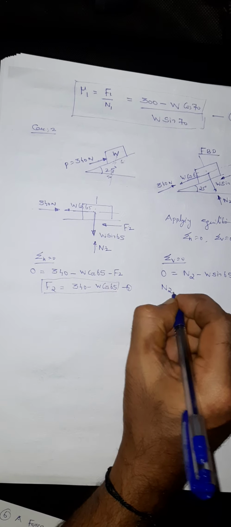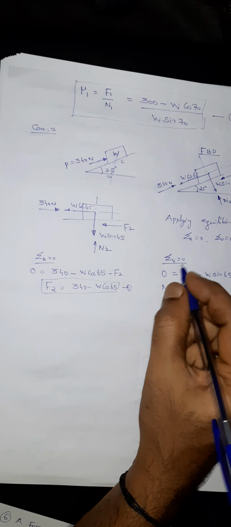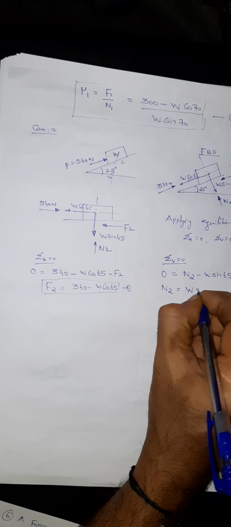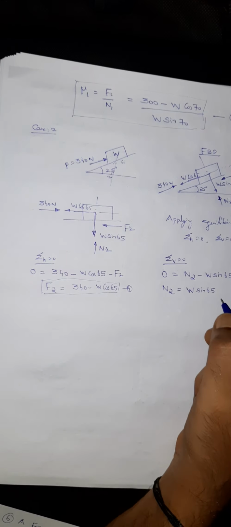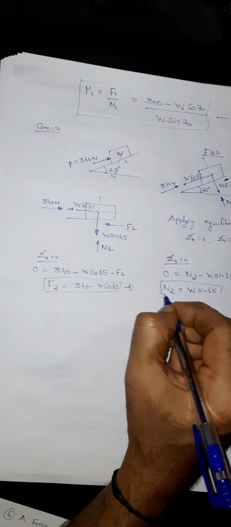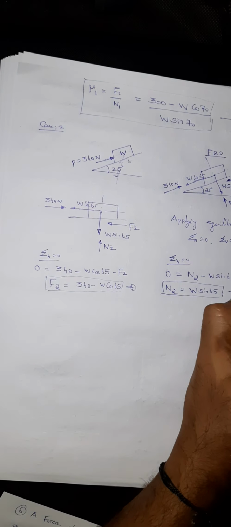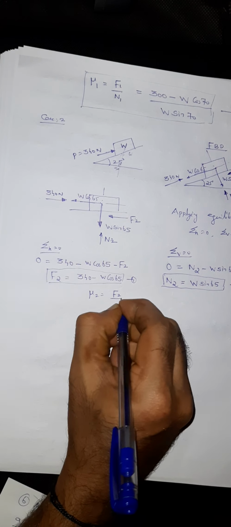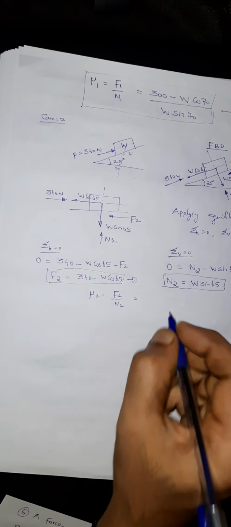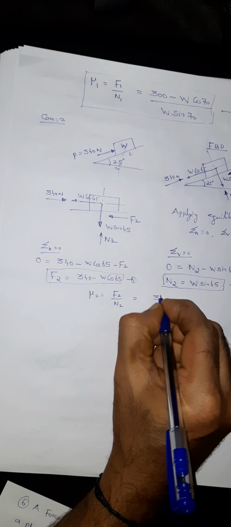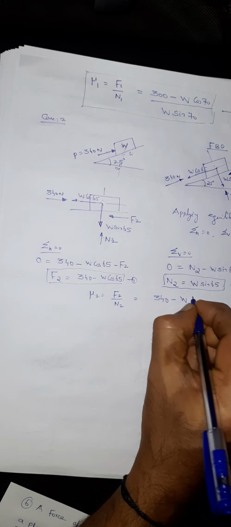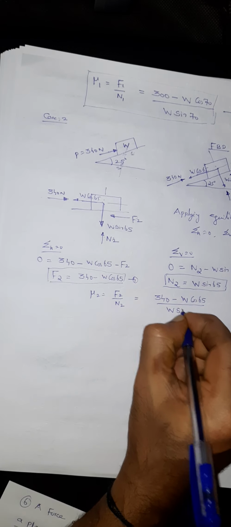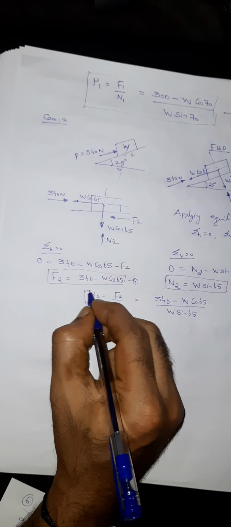So N2 becomes, when this comes here with a minus, it would be plus W sin 65. Equation number 5. As you know, mu equal to F2 by N2, which can be written as 340 minus W cos 65 divided by W sin 65.